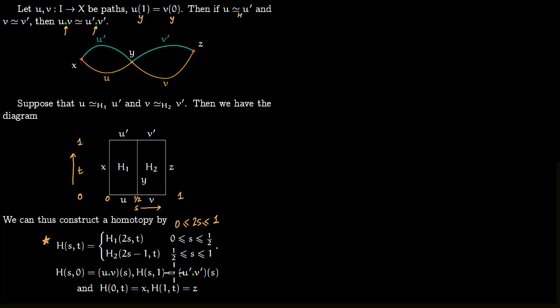If you put s as 0, then you are just at x right here. And if you put s as 1, then you are here, and here for t it is z. So that is it. This gives you the homotopy. Just make sure that you understand that this is what gives you the correct definition.